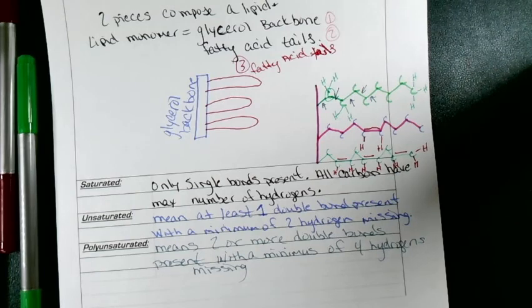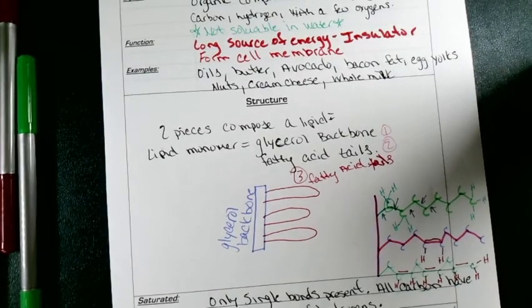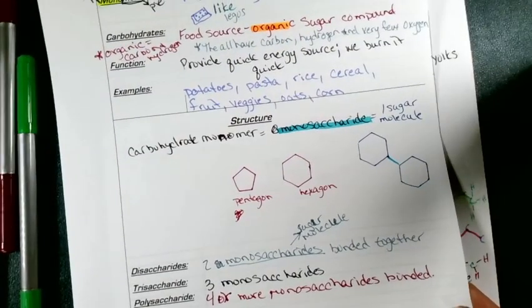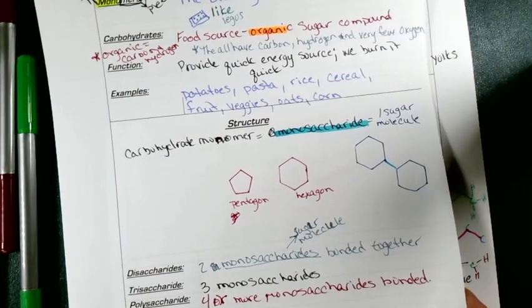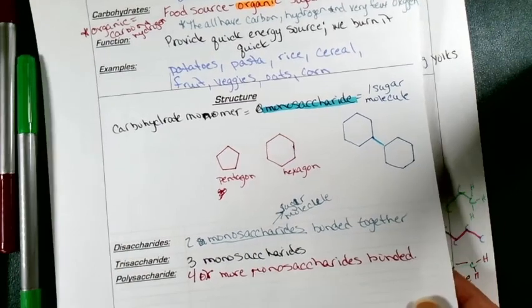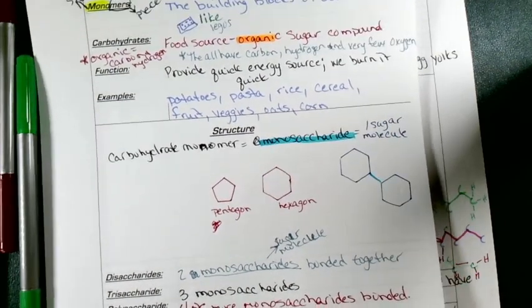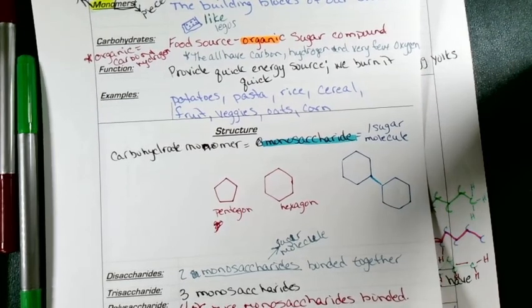So we covered carbohydrates and we covered lipids in this video. Carbohydrates, trying to find my page again. The monomer is a monosaccharide. 2 monosaccharides together make a disaccharide. Trisaccharide is 3. Poly is 4. Carbohydrates give us a quick source of energy.